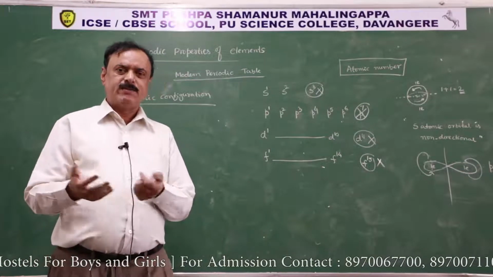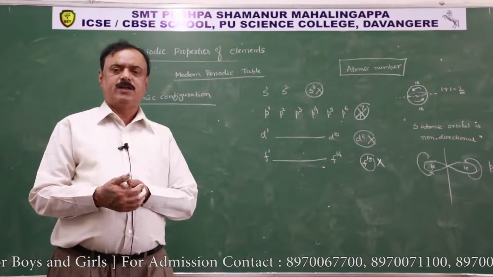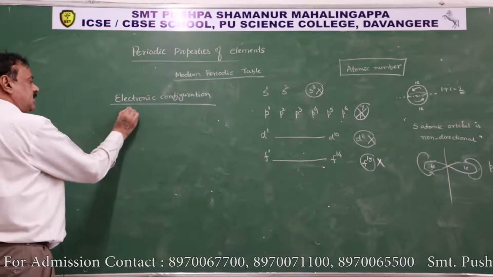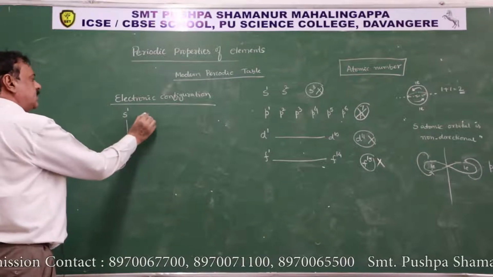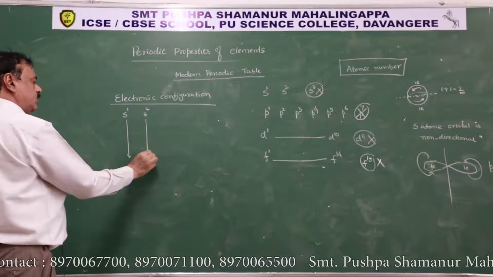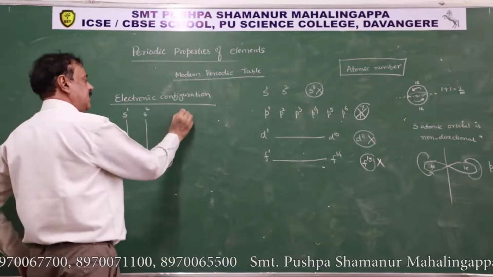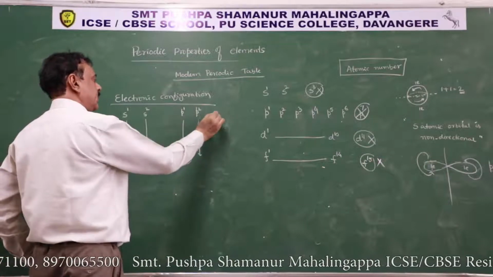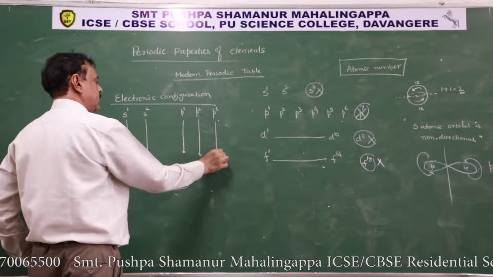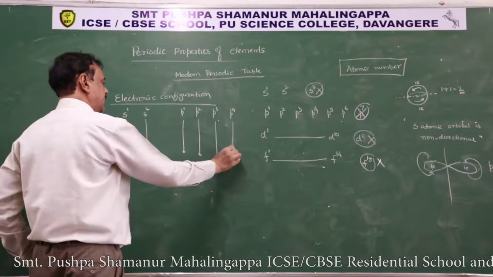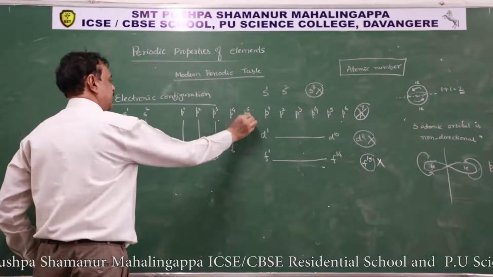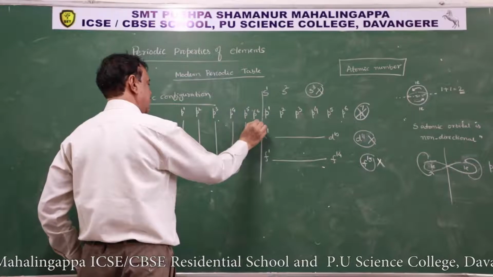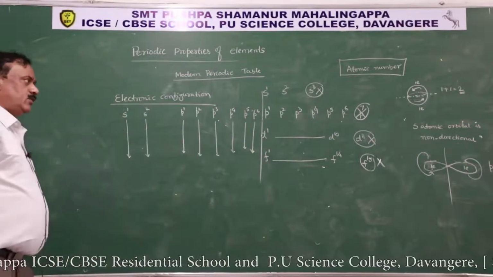On the basis of the electronic configuration, we can arrange the elements with different electronic configurations in particular groups. For example, the S1 configuration in the same group, the S2 configuration in the same group, and the P1 configuration in the same group, and P2, P3, P4, P5, and P6 configurations each in the same group.